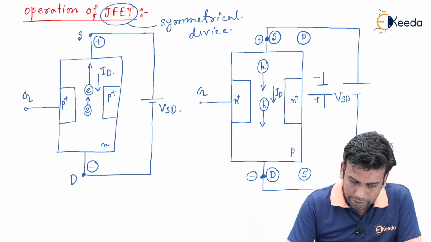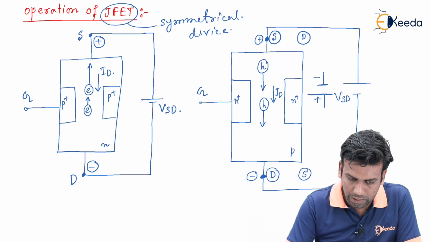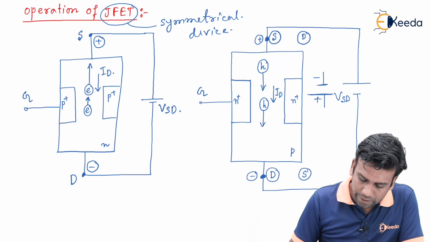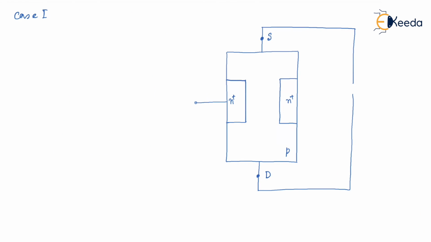Now let us go into the operation of JFET, how the JFET works in the applied bias. For case 1, let us assume that only VSD has been applied.